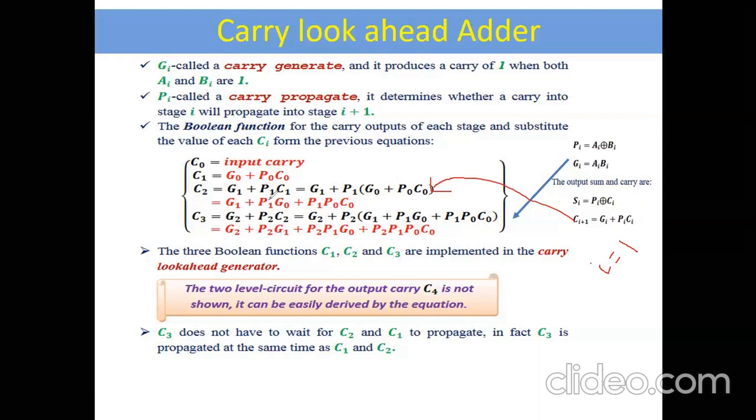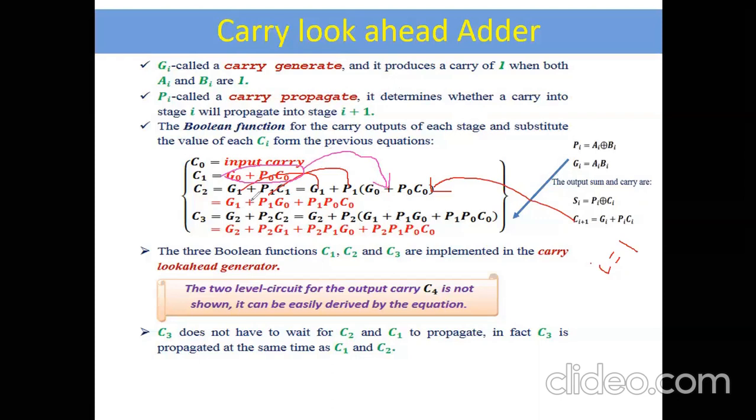G1 is written as it is, P1 is written as it is, and instead of this C1 we substitute this equation. I know what C1 is, so this C1 should be substituted over here. Now this is the C2 carry equation.